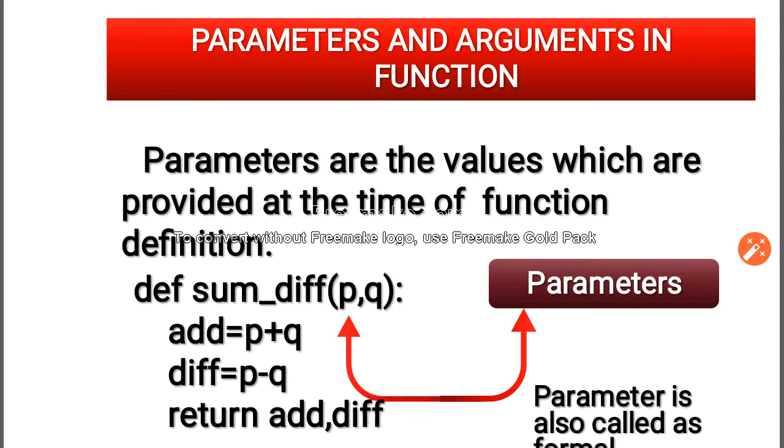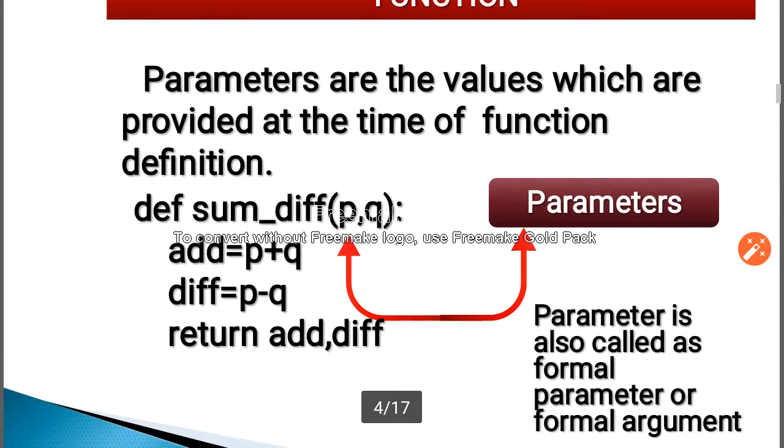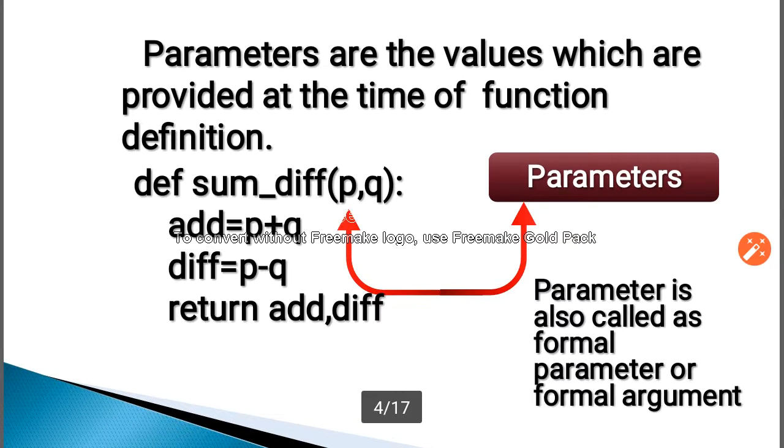The parameters are the values which are provided at the time of function definition. Now, here in the example you can see def sum_def(p, q), wherein add = p + q and def = p - q. Here return add, def.